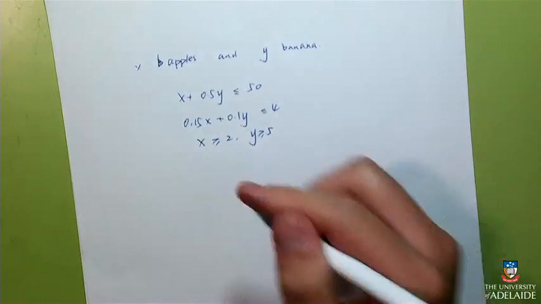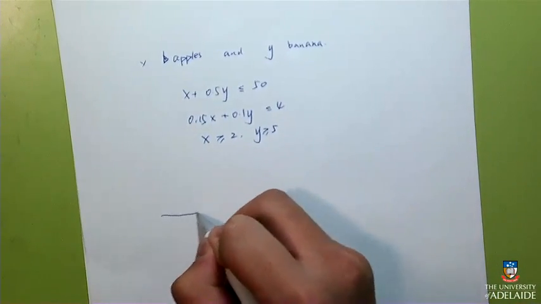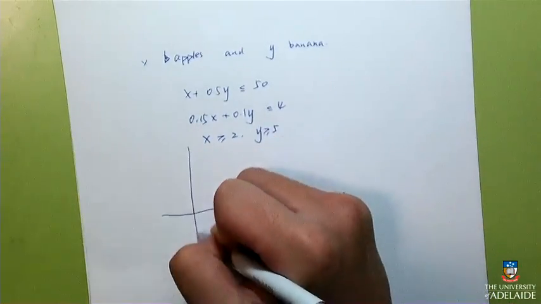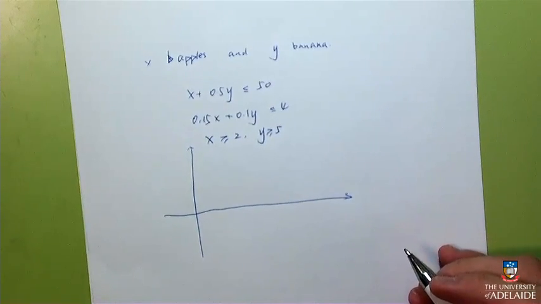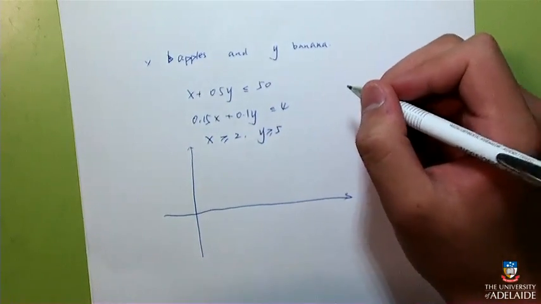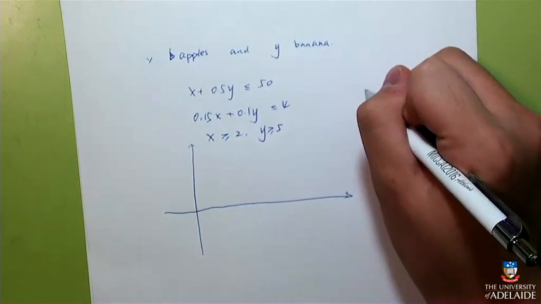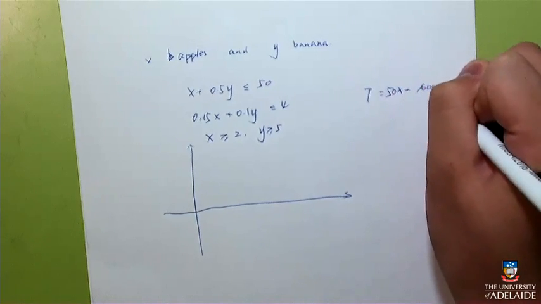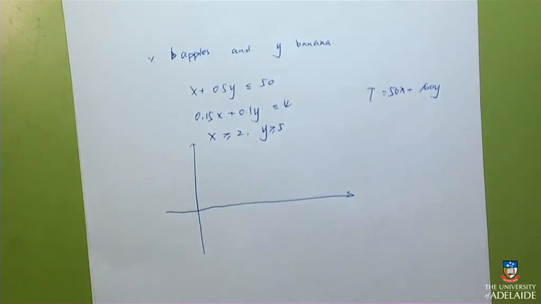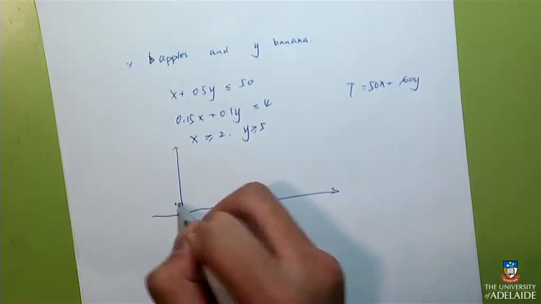Okay, so identified 4 constraints. All right. So what is the objective function? All right, cool. So the objective function is to maximize calorie intake.